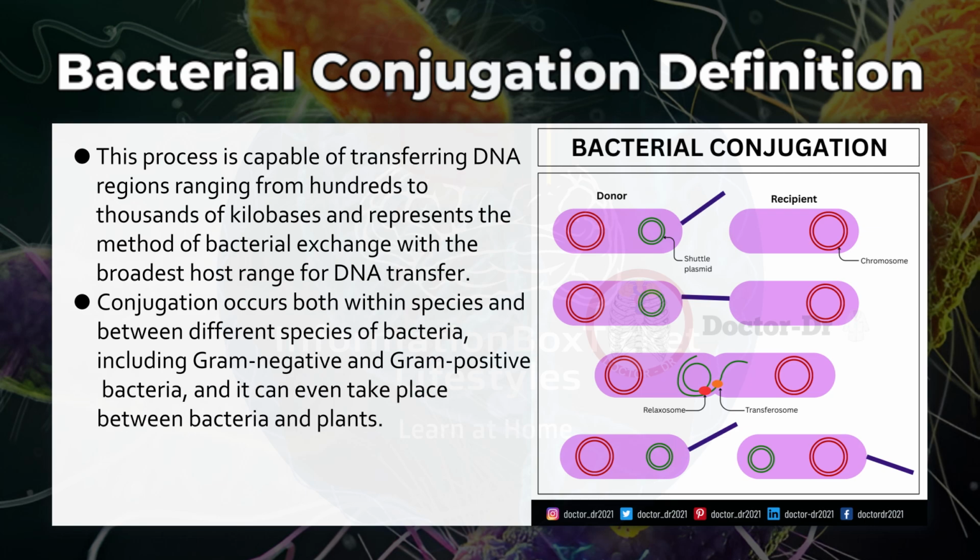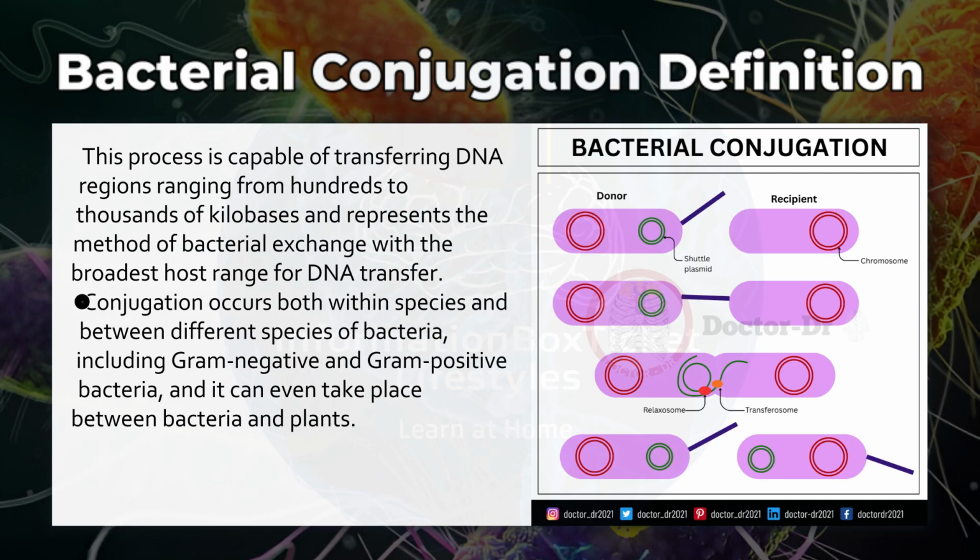Conjugation occurs both within species and between different species of bacteria, including gram-negative and gram-positive bacteria, and it can even take place between bacteria and plants.